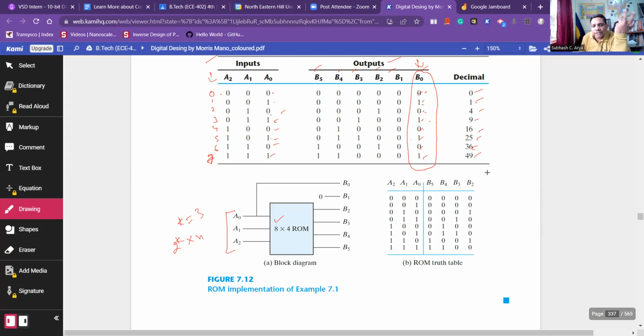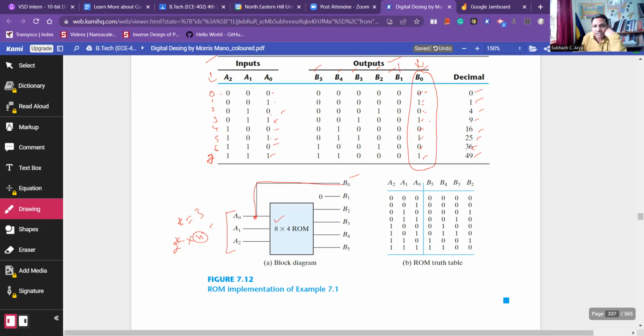So there is no need to use any gate. B0 is straightforwardly equal to A0, so it need not go inside this ROM. One bit of the output size we have reduced here. Instead of 6, now it is 5. Now can we do further?